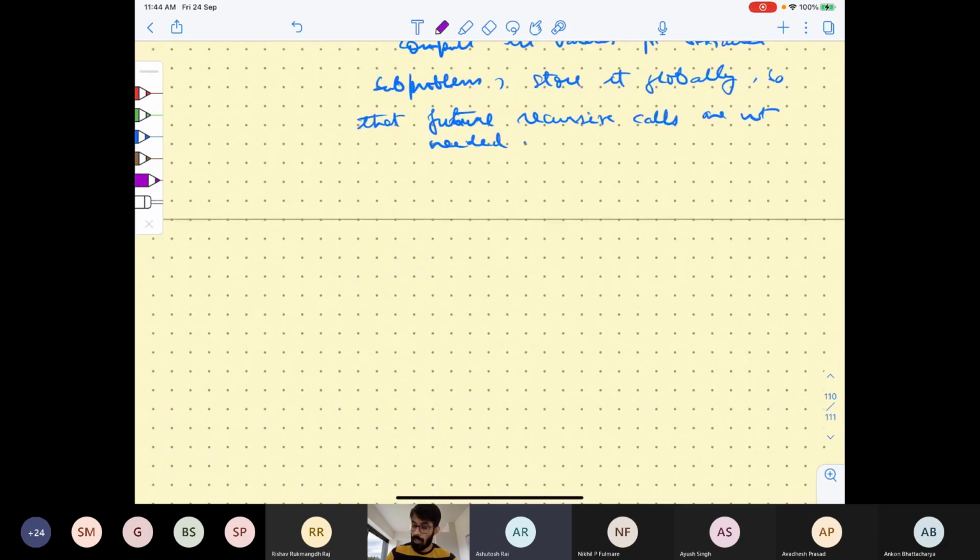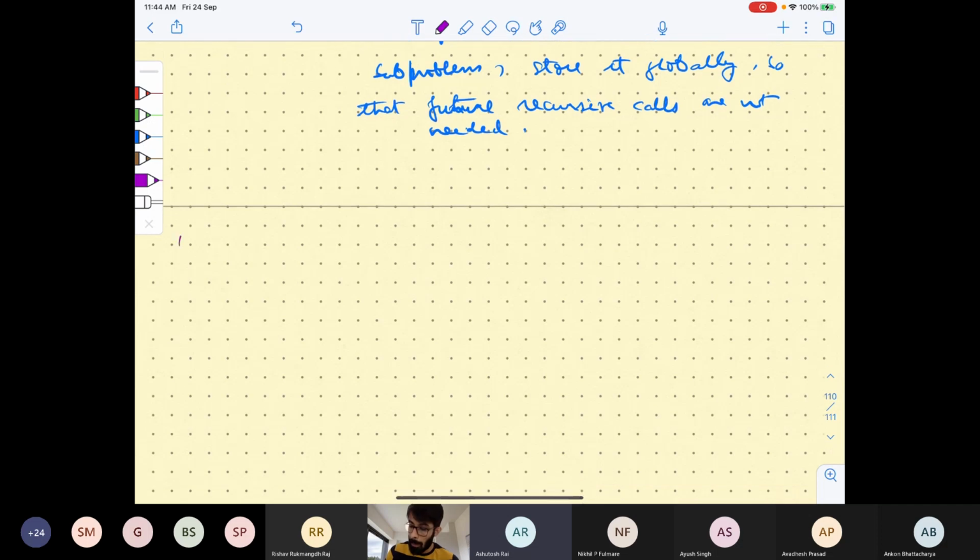So let's call this algorithm mComputeOpt, as it says in the book. Right? And now what do you want to do? If j is equal to 0, then the base case returns 0.